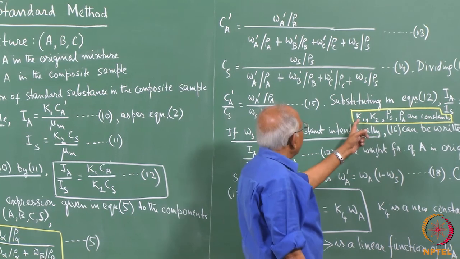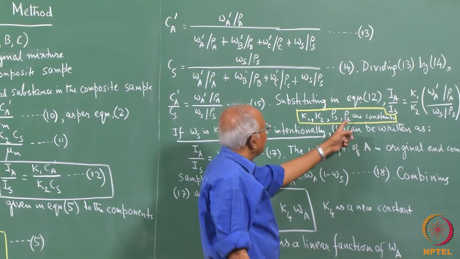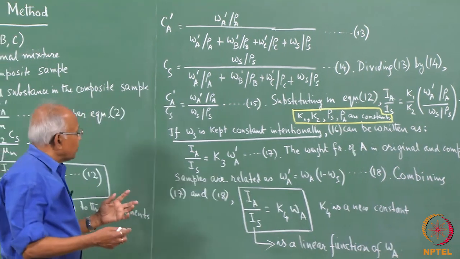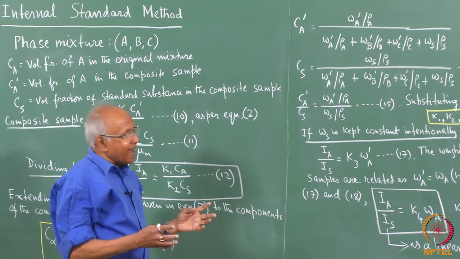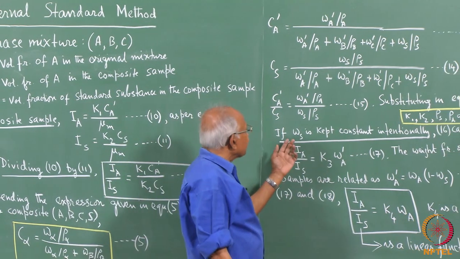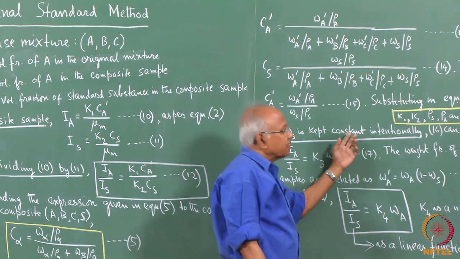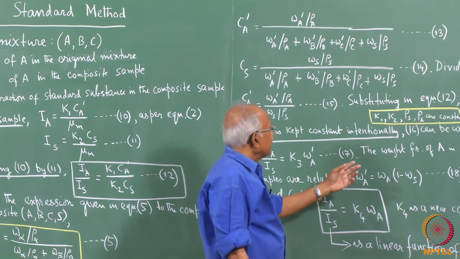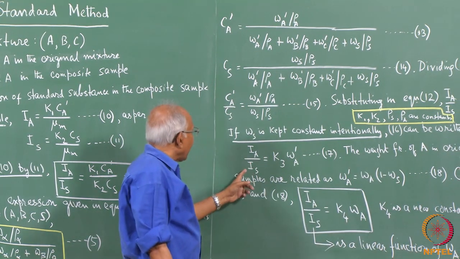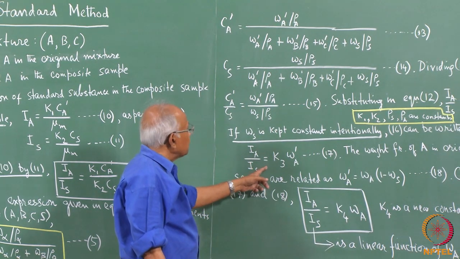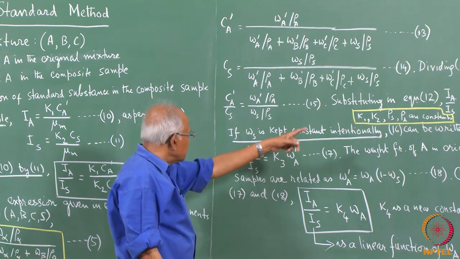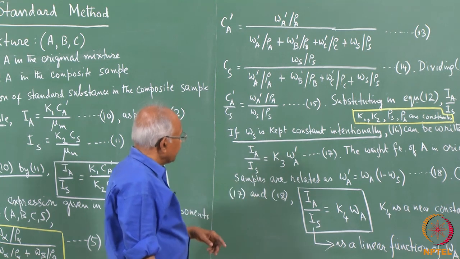Now, here K1, K2, rho_S, rho_A are all constants. Now, if while making the composite by adding the standard material, the weight fraction is kept constant intentionally, then equation 16 can be written as I_A/I_S is equal to K3 W_A'. K3 is a new constant incorporating the various parameters.